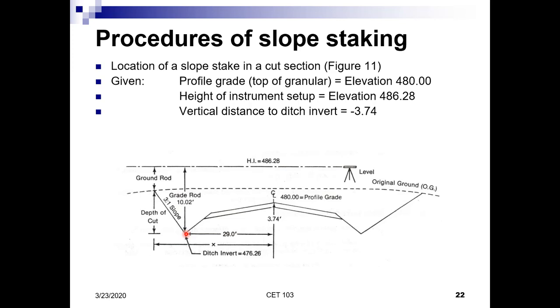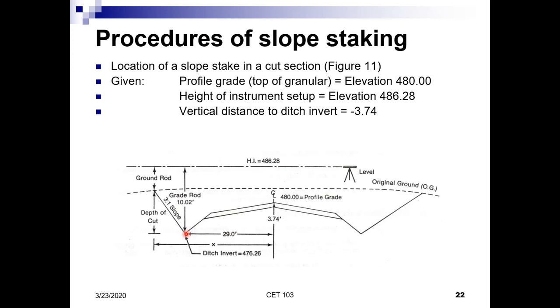If we take that and subtract it from our height of instrument, 486.28 minus 476.26, we get 10.02. The 10.02 represents our grade rod, or the distance we would want to get if we were at the point where the finished ground and existing ground intersect.